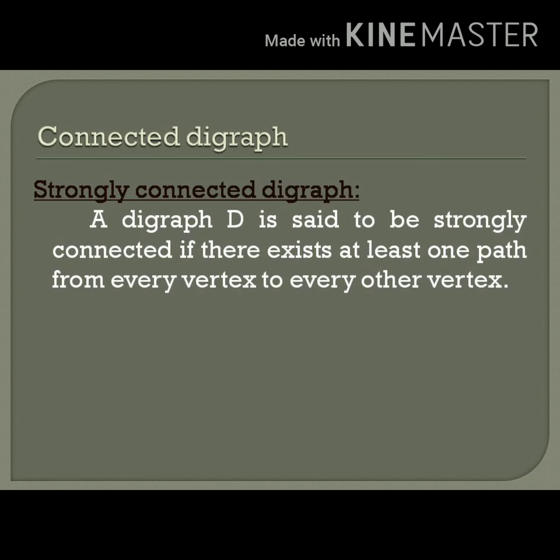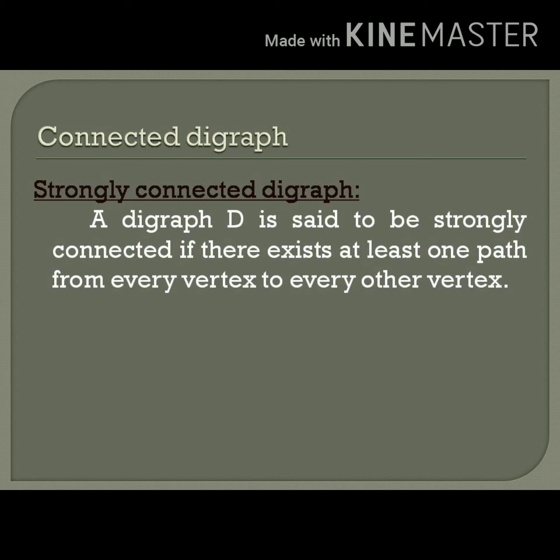The next topic is connected digraph. Mainly there are two types of connected digraph. The first one is strongly connected digraph, and the next one is weakly connected digraph. A digraph D is said to be strongly connected if there exists at least one path from every vertex to every other vertex.